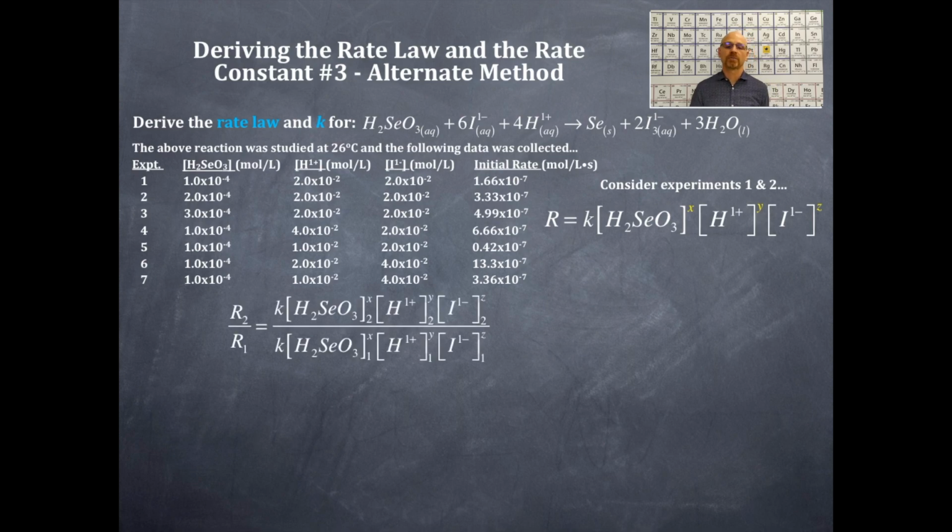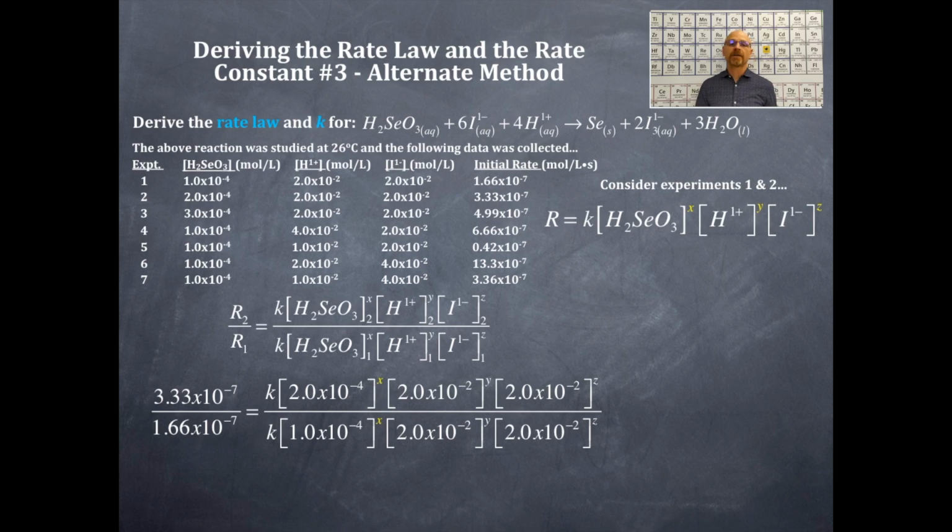So I'm going to take reactions 1 and 2. I'm going to take reaction 2 in the numerator, reaction 1 in the denominator, and I'm going to plug in the values here. You should see that I have all the values here for reaction 2 in the numerator, reaction 1 in the denominator, and I'm going to solve for X, Y, and Z. The really nice thing about picking this one primarily as the first one is that with reactions 1 and 2, the hydrogen ion concentration and the iodide ion concentration are remaining constant for both of these.